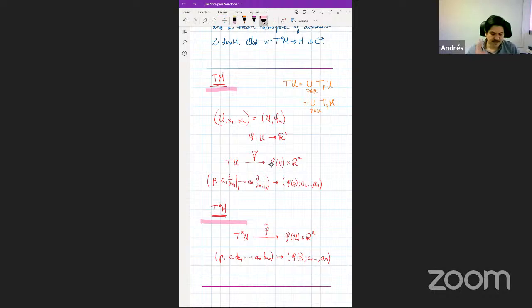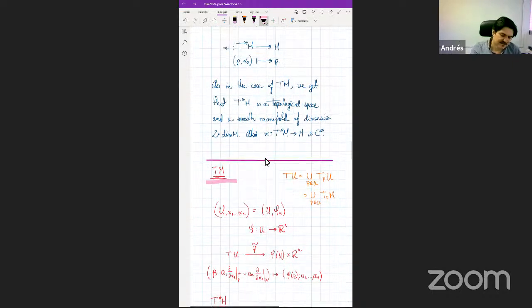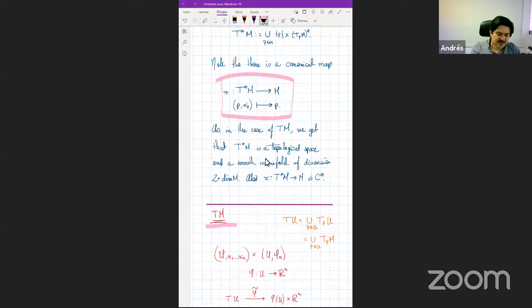Okay, so now we have that the cotangent bundle is a smooth manifold of dimension 2n. The projection map is smooth. Moreover, if I take a point here, what is the preimage of that point?